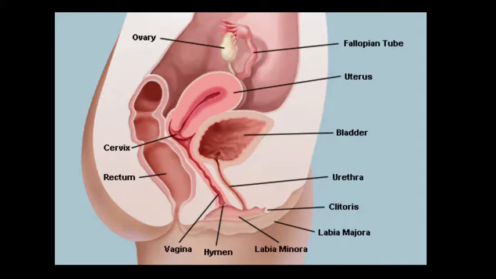What is the hymen? The hymen is a thin piece of skin that partially covers the entrance to the vagina. Having a stretched or torn hymen does not necessarily mean a woman has lost her virginity. Labia minora is a cutaneous fold that begins at the clitoris and extends towards the vaginal opening.